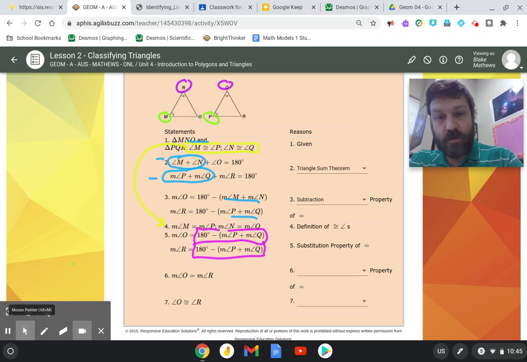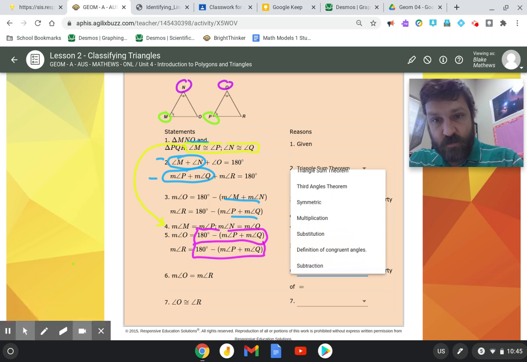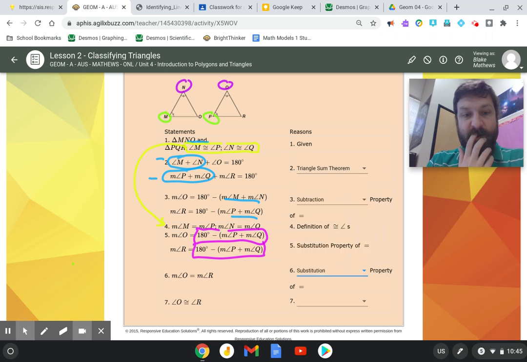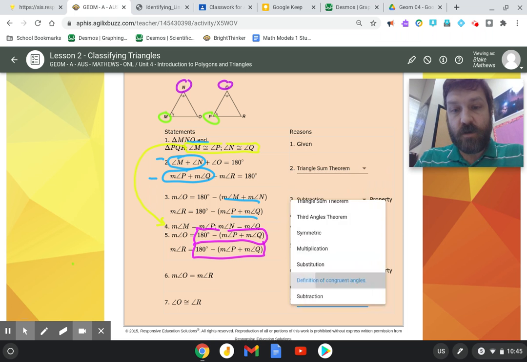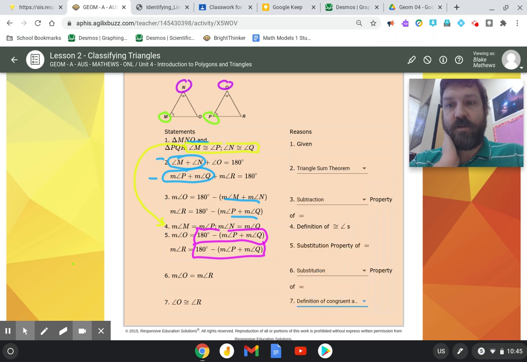And so that's going to be the substitution property of equality. We're substituting the value for O and R so that they're equal. And then that's the definition of congruent angles to prove that the two angles are congruent. And that's what we were trying to prove.